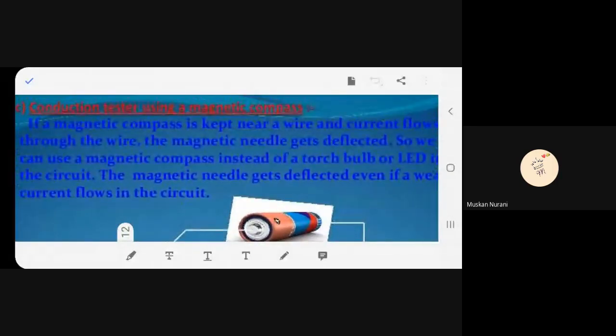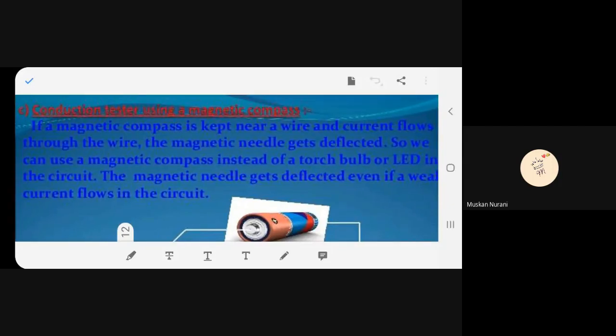Conductors tester using a magnetic compass. If a magnetic compass is kept near a wire and current flows through the wire, the magnetic needle gets deflected. So we can use a magnetic compass instead of a torch bulb or LED in the circuit. The magnetic needle gets deflected even if a weak current flows in the circuit.